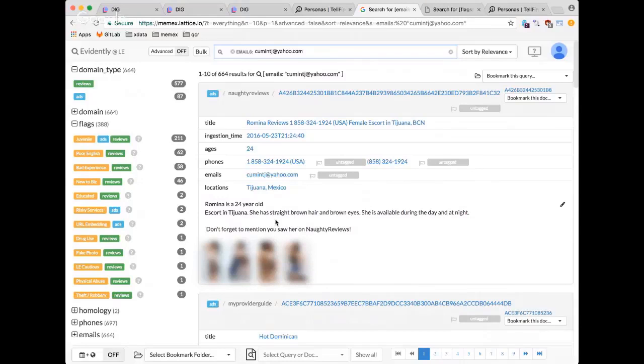But one of the things that's really interesting about these review sites is that they hold a whole host of evidence associated with potential trafficking. What we've done is build a bunch of machine reading tools that read those reviews, figure out which ads they're associated with, and then extract a series of indicators associated with trafficking.